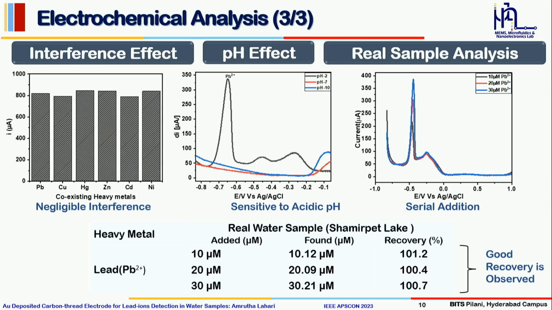To understand whether our sensor was working, we used the method of serial addition, adding subsequent amounts of lead ions and finding the recovery. Quite good recovery was established: around 101, 100, 100.4, and 100.7.